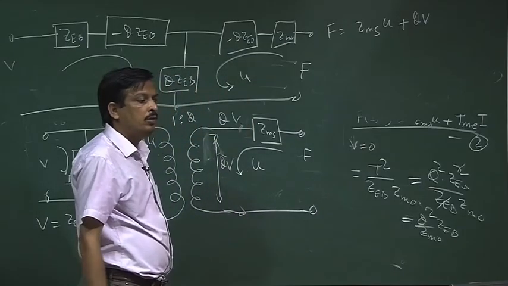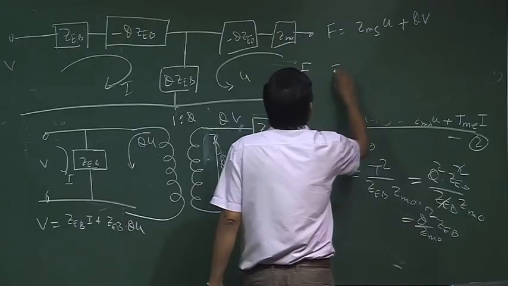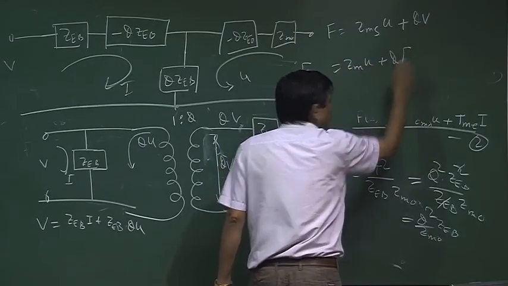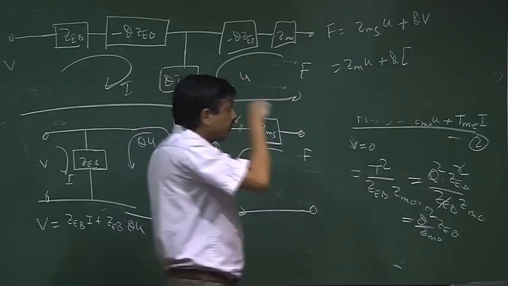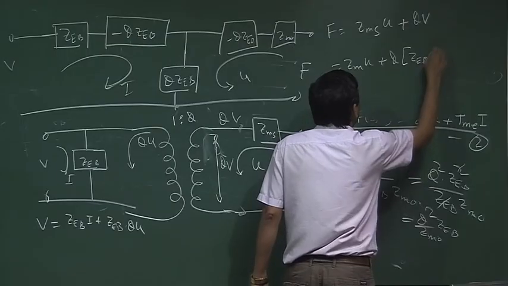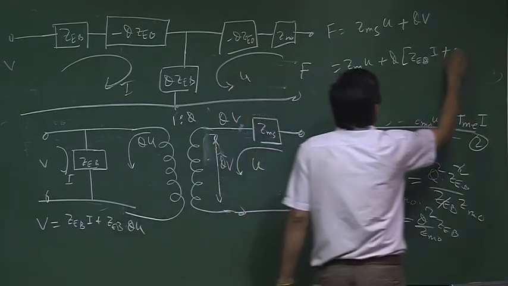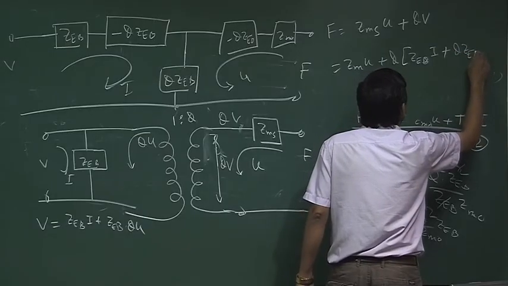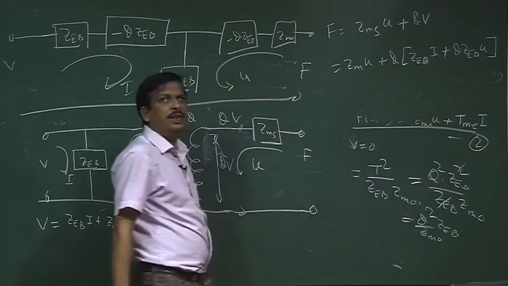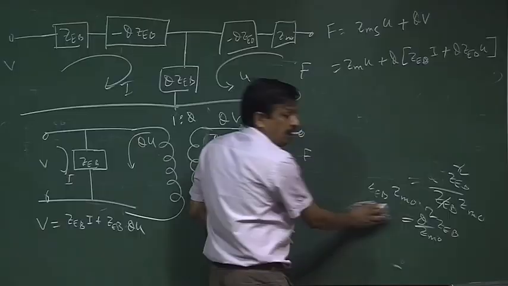I can find out. So, I can say it is nothing but ZMS into U plus phi into, what is V? ZdB into I plus phi ZdB into U. I put the voltage V there. Now, once I put the V here, then what do I get?